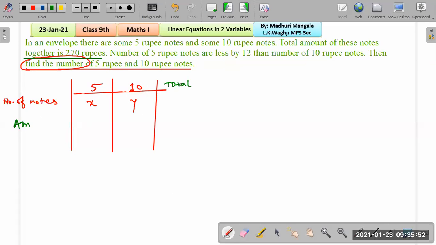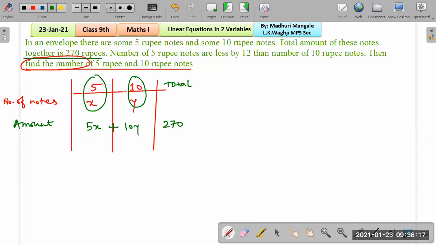So the total amount is 270 rupees. How do we get the amount? There are x notes of 5 rupees, so we multiply to get 5x. Over here the amount will be 5x, and 10 times y will give you 10y. That will be the amount of those 10 rupee notes.